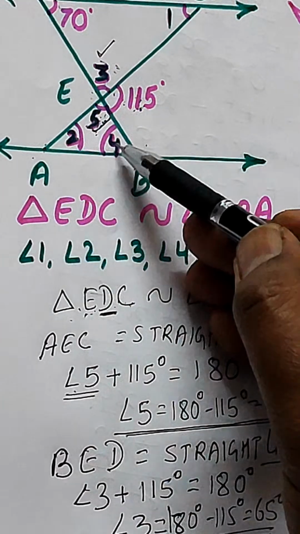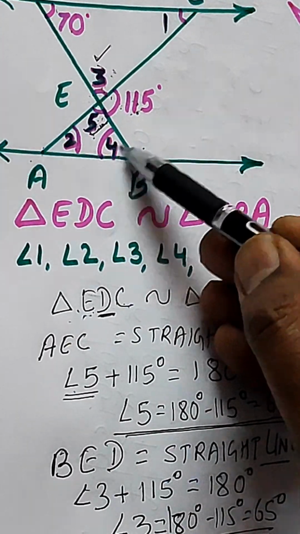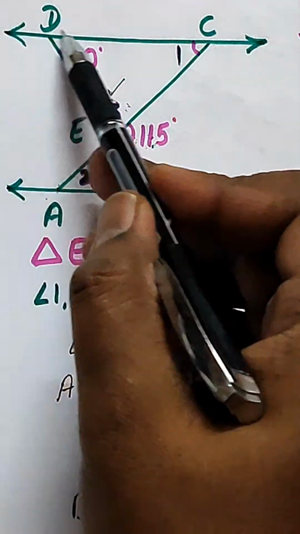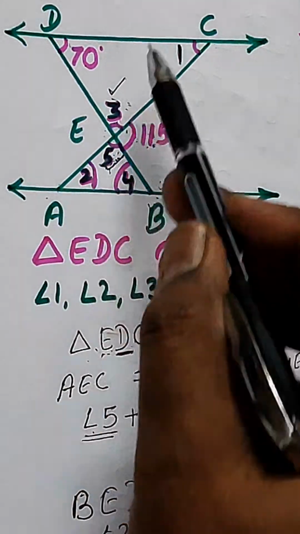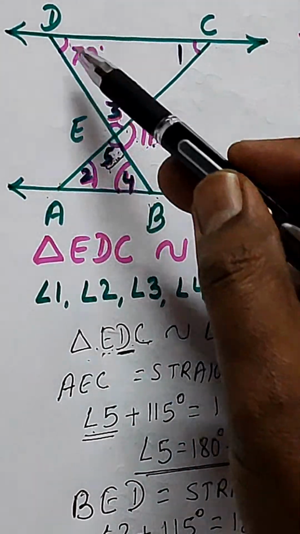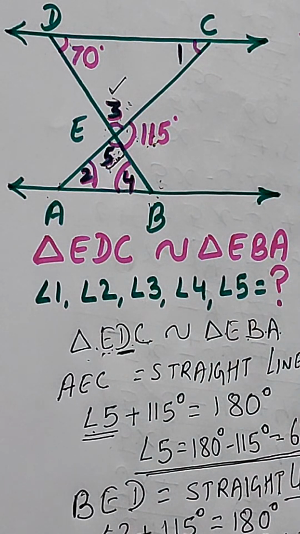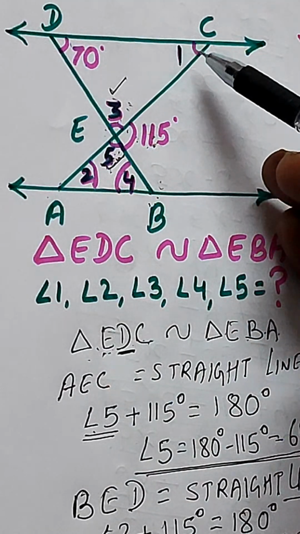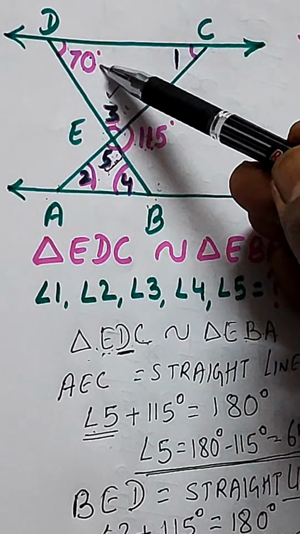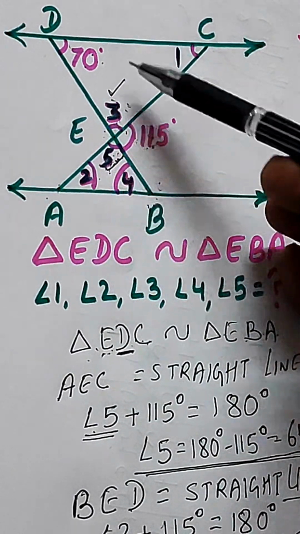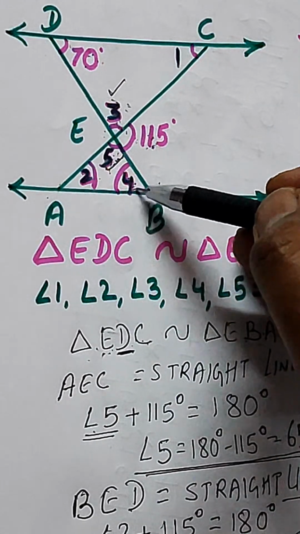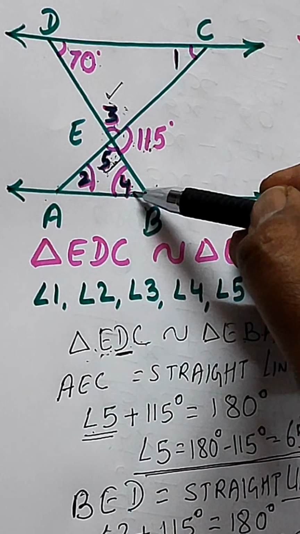Now, what is the value of angle 4? You can see, students, CD and AB are two parallel lines, and BD and AC are two transversals. Then can't we say that angle 1 will be equal to angle 4, this 70 degrees? So we can say the value of angle 4 is 70 degrees.